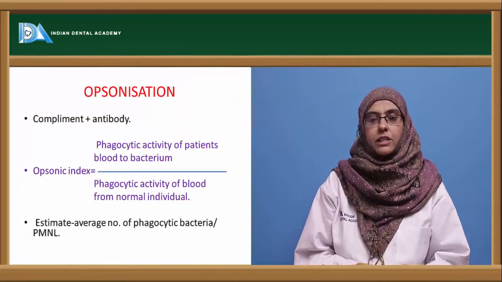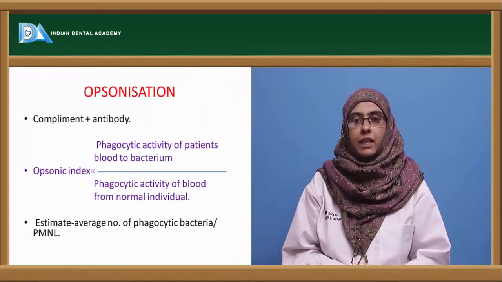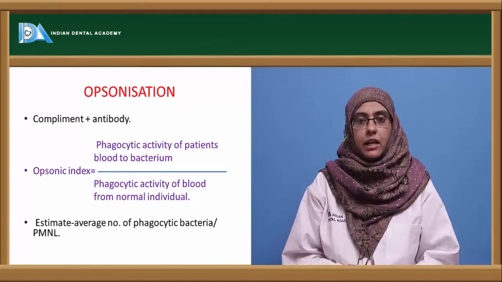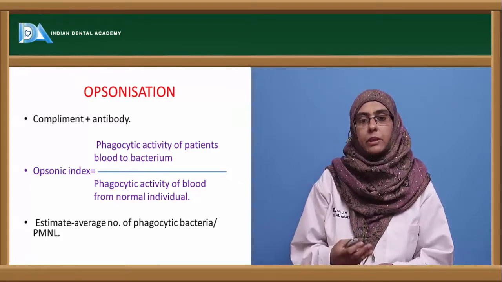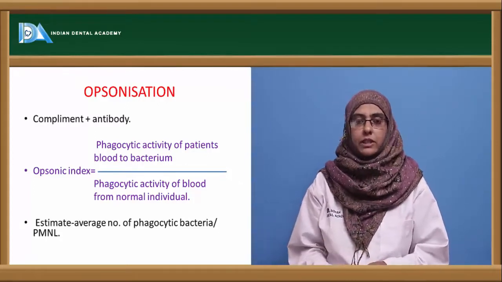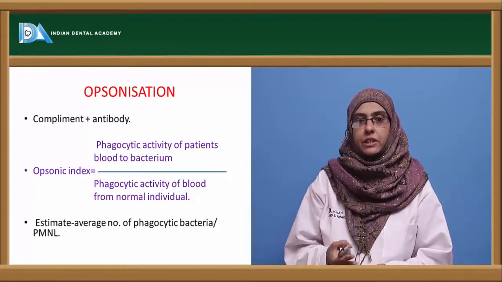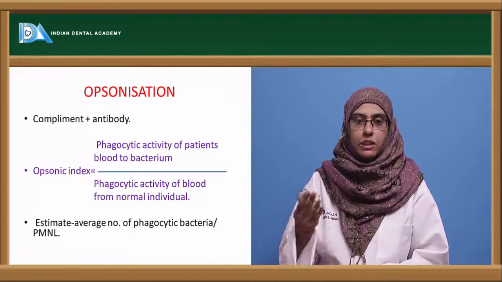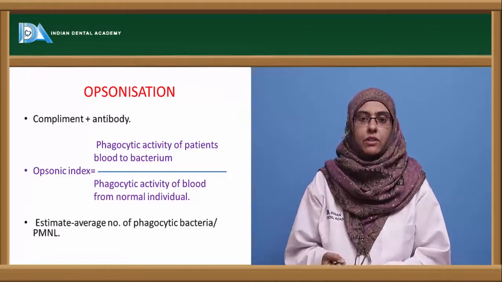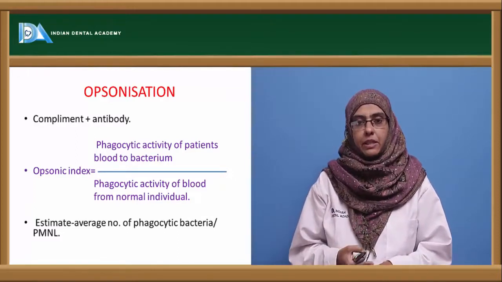Next is opsonization. Opsonization is nothing but enhanced phagocytosis, and this is related to the organisms that are usually engulfed by the polymorphonuclear leukocytes, where these macrophages or neutrophils engulf the organism, and they process and present to the T cells, and help in the elicitation of the humoral or the cell mediated immune response.